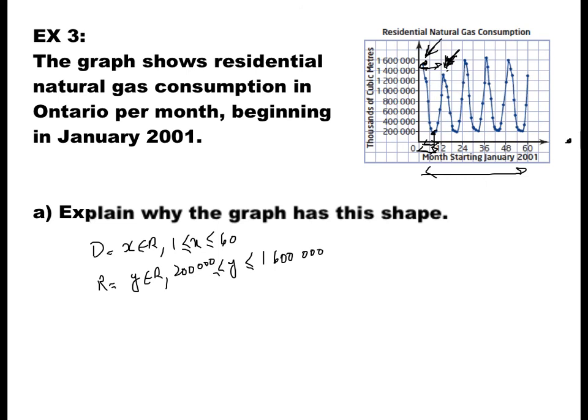We know that February's x is equal to 2. So we are going to find the y value when x is 2 for up to month 60, which is available on the graph. Then we are going to take the average of all these values to find what is going to happen in February 2011. And that's one of the properties of a periodic function. We can use the fact that the y value repeats. We can predict the value later on.